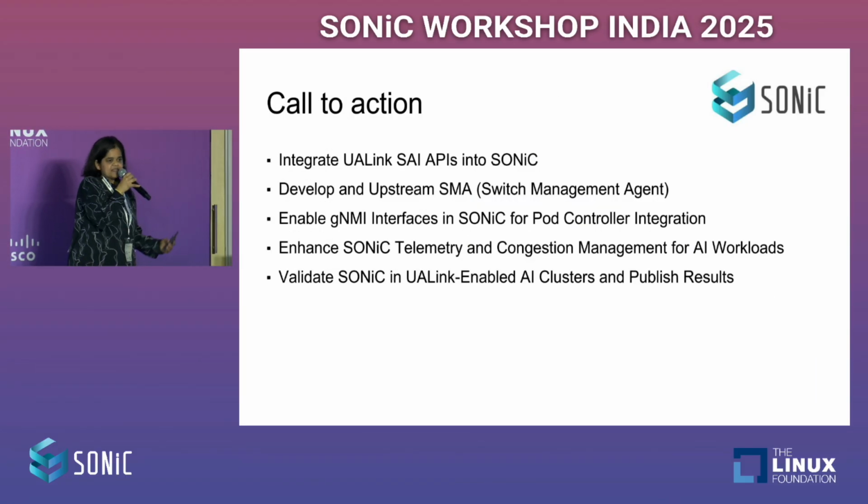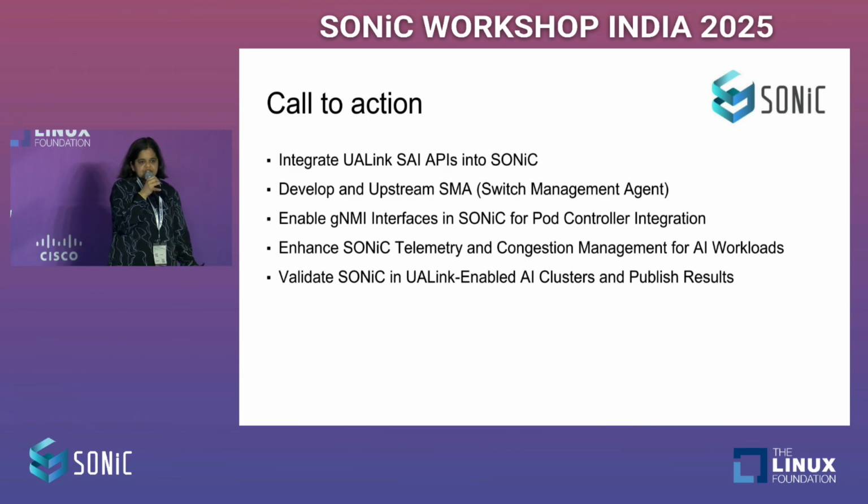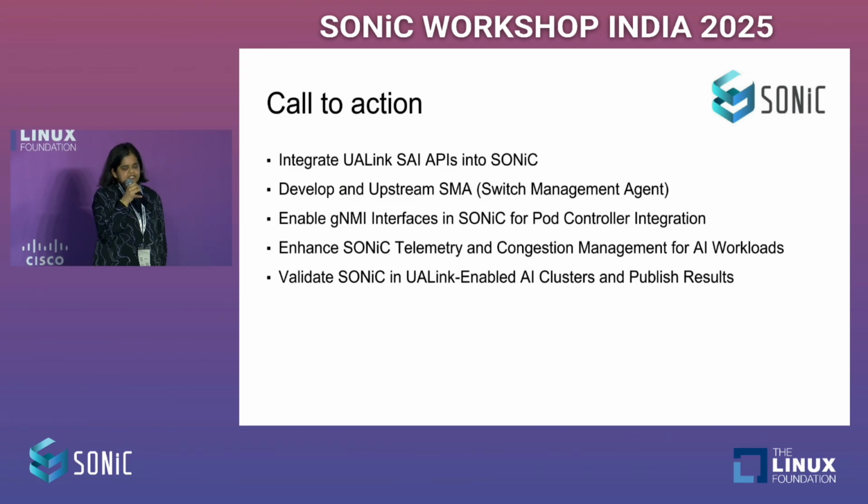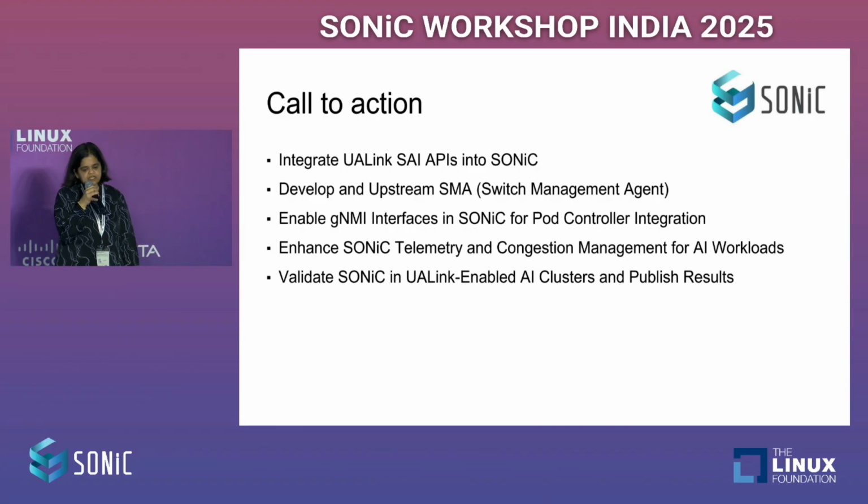Finally, call to action. We are working on the following areas, and we would like collaboration. First of all, we need to integrate the SAI APIs according to the new specification, that is the 200G 1.0 UALink specification.